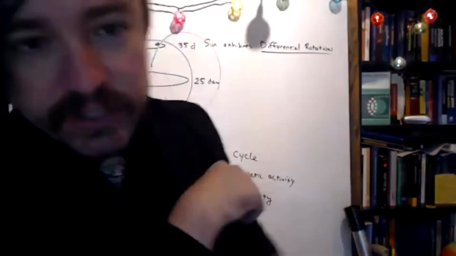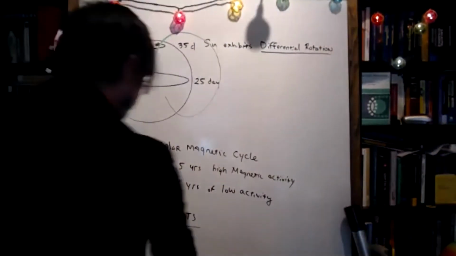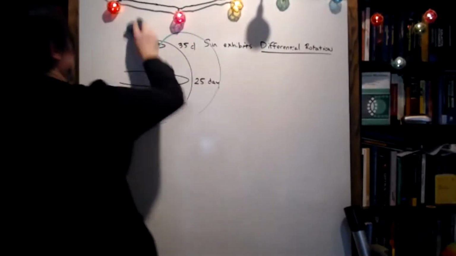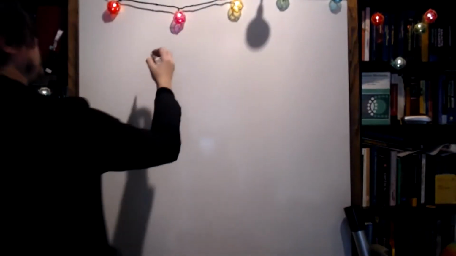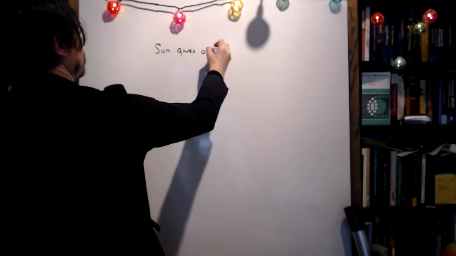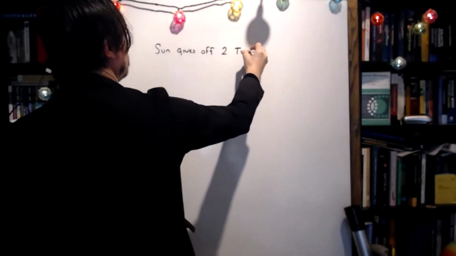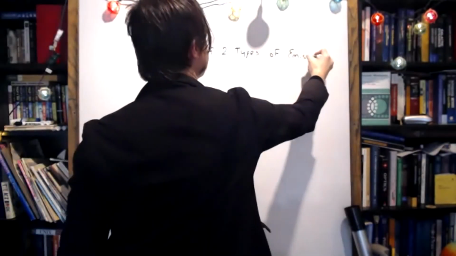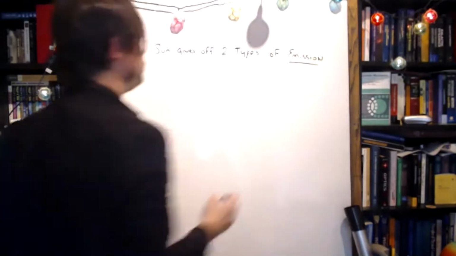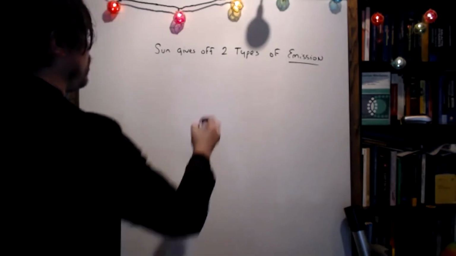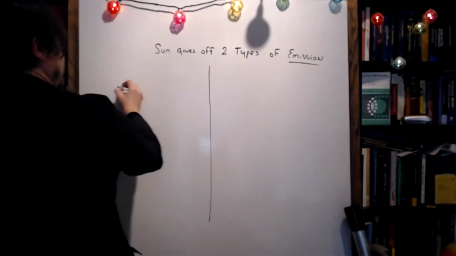Next, I want to talk about the two types of emission that the sun gives off. And the two types of emission go like this.